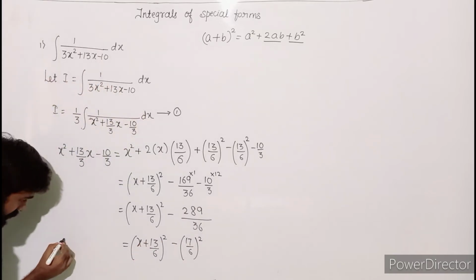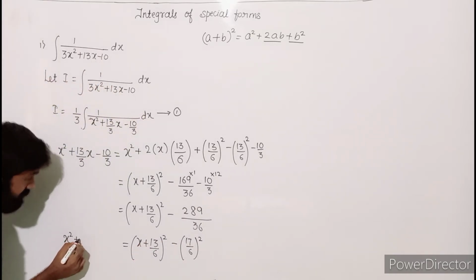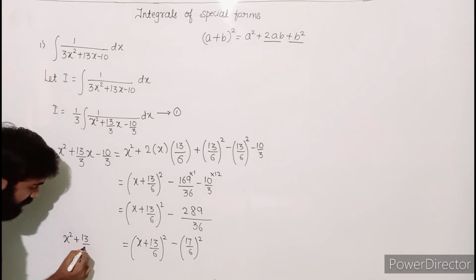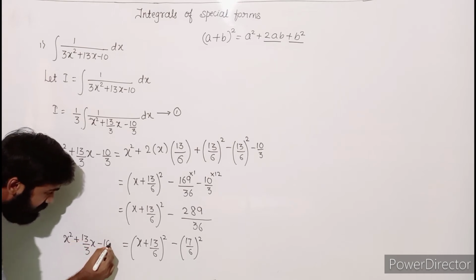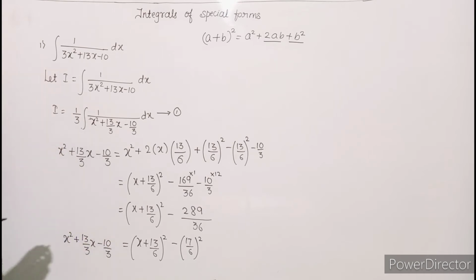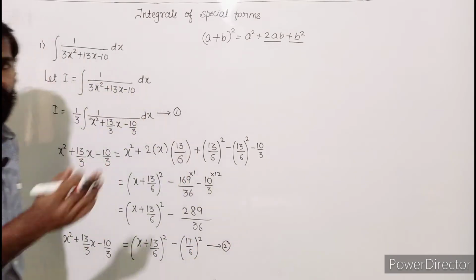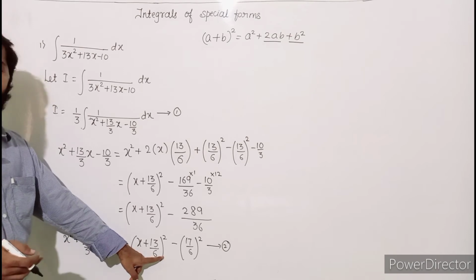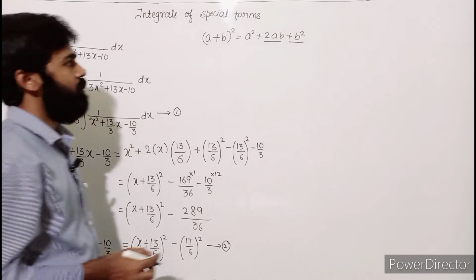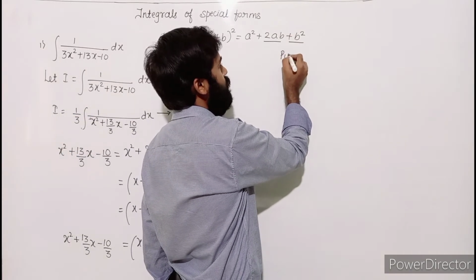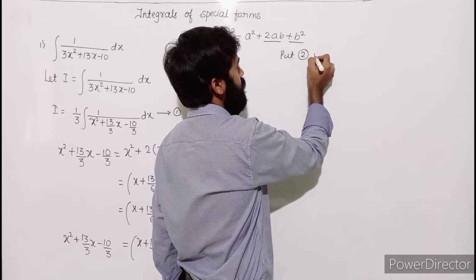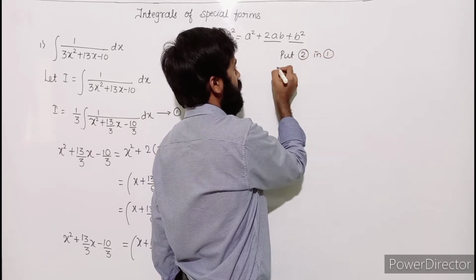Now this is x square plus 13 by 3 x minus 10 by 3. So I call this equation 2. What I will do is substitute equation 2 in equation 1. So put equation 2 in equation 1. So what is I?